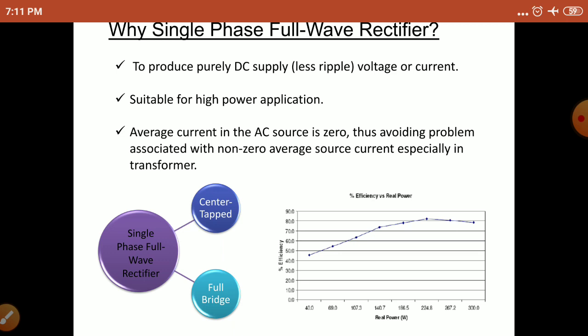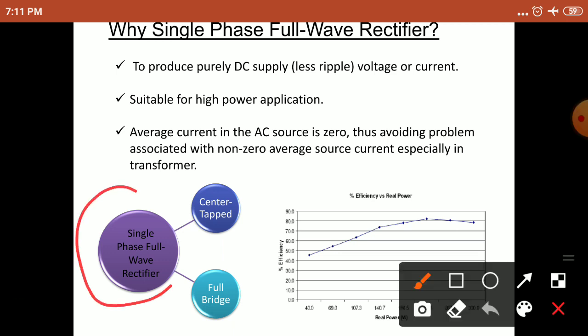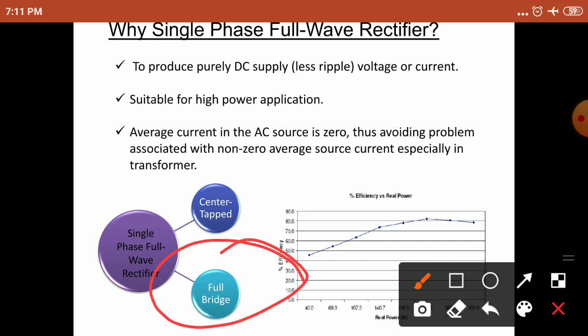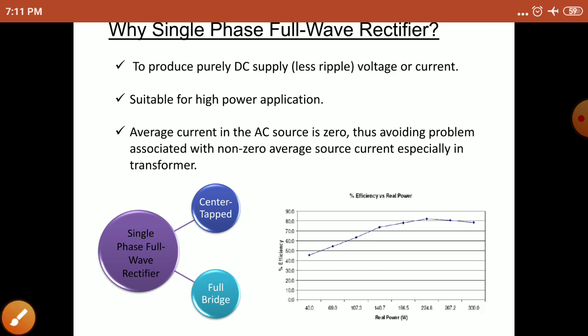So here, single phase full wave rectifiers, once again there is a question. We have two types of single phase full wave rectifiers: the single phase full wave rectifier with a center tapped transformer, and the bridge rectifier. The operation of both we will discuss in detail.